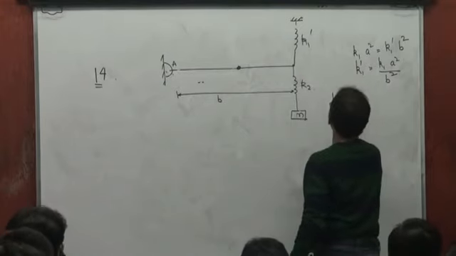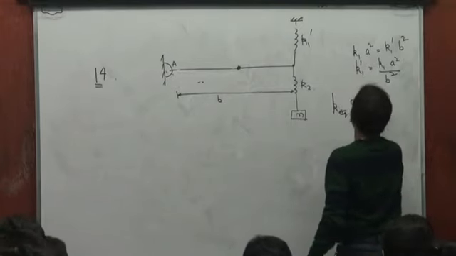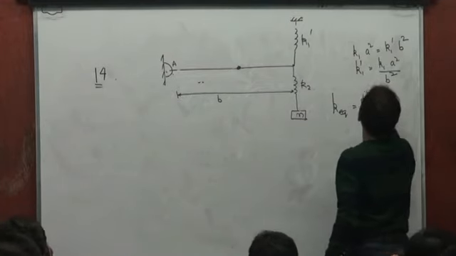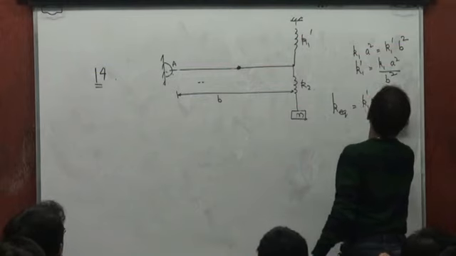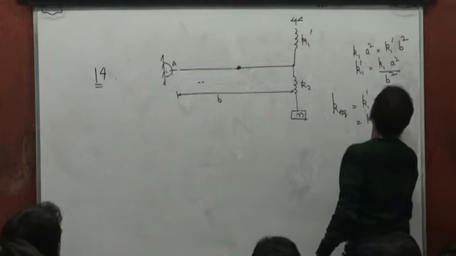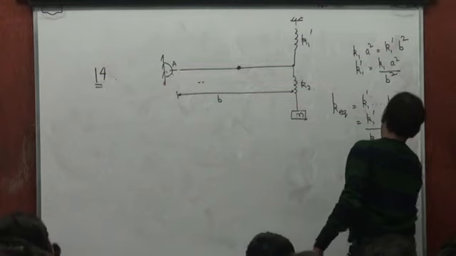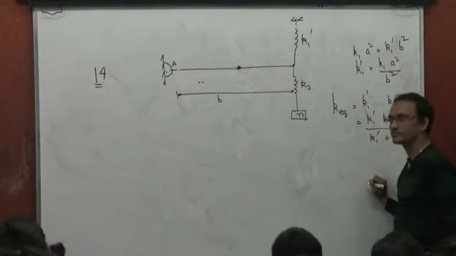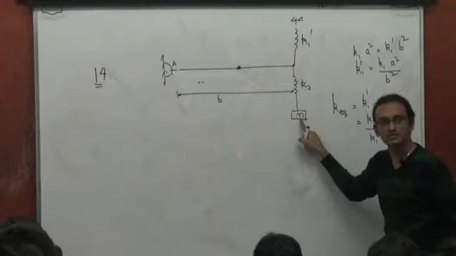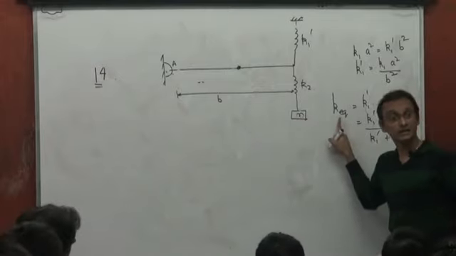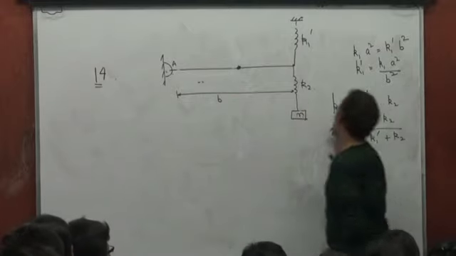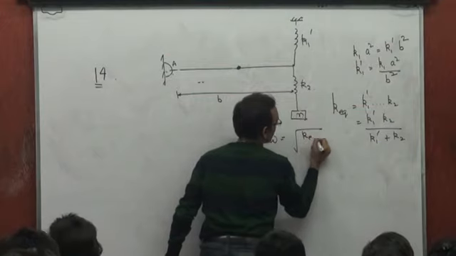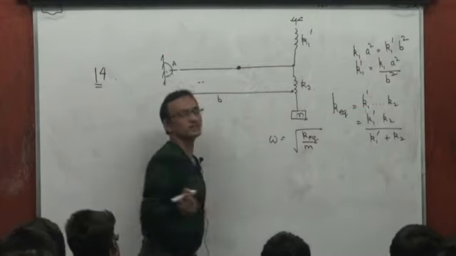So the K equivalent for K1 prime in series with K2 is going to be K1 prime into K2 by K1 prime plus K2. So the omega of oscillation is going to be root K equivalent by m. That's going to be the omega.